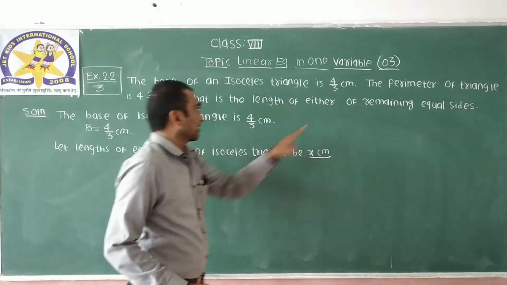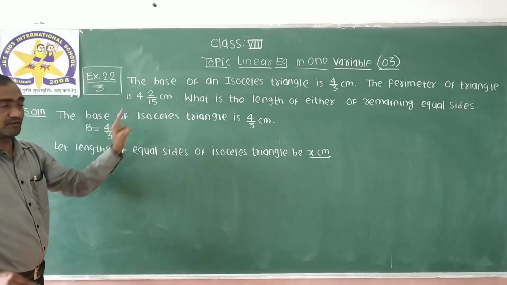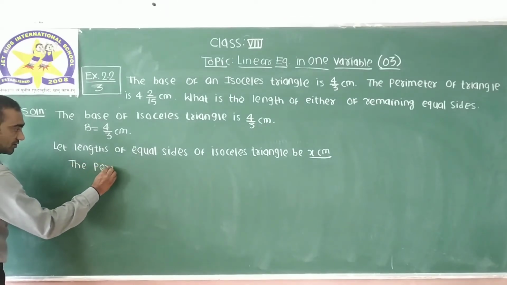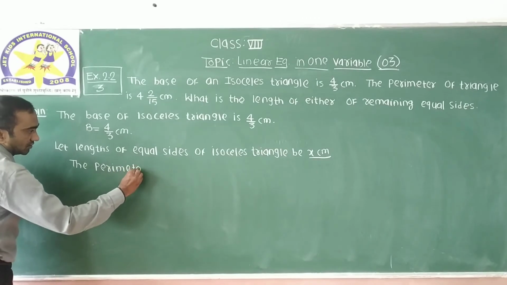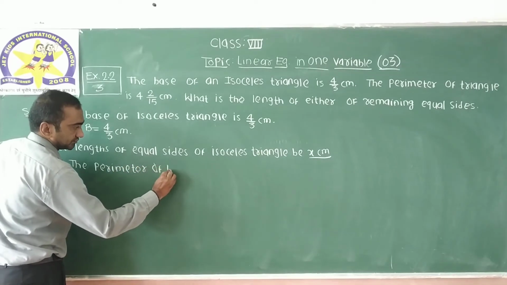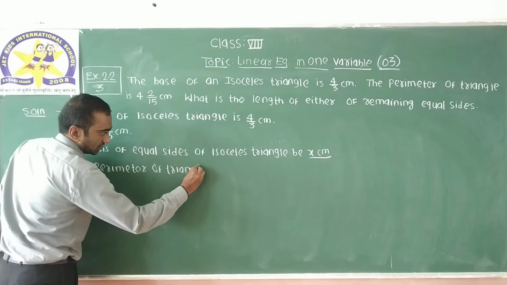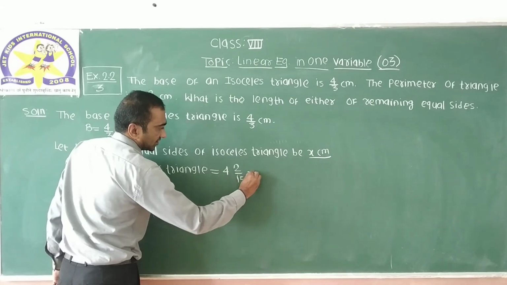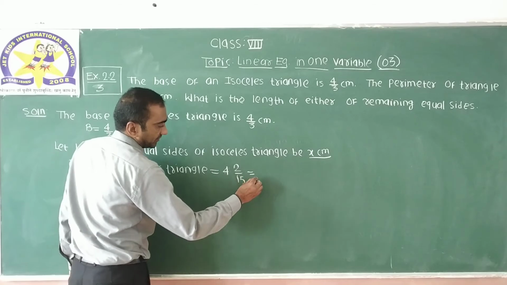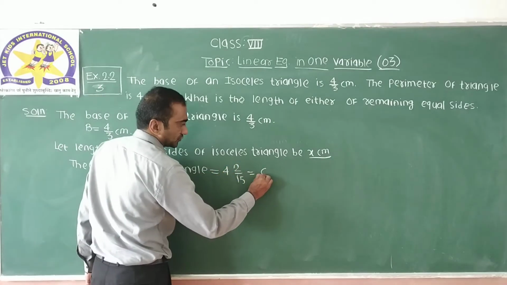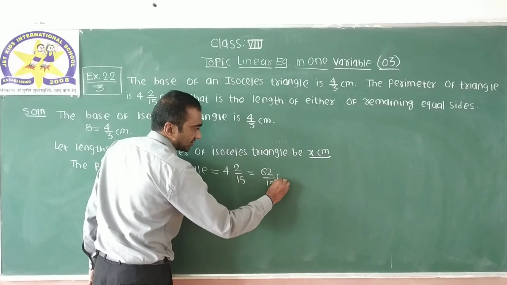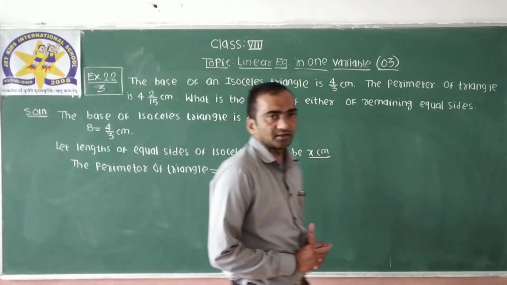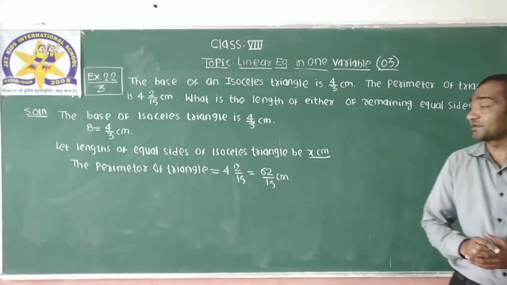The perimeter of the triangle is equals to 4 integer 2 by 15. 15 fours are 60, 60 plus 2 is 62, so 62 by 15 centimeter. Okay. So the perimeter of that isosceles triangle will be equals to 62 by 15 centimeter.